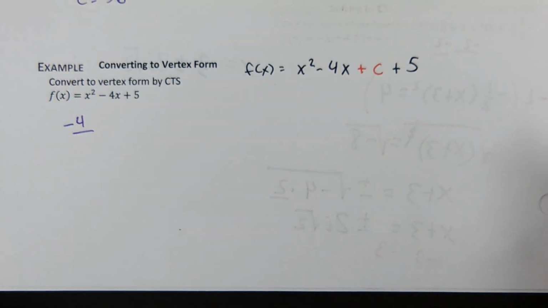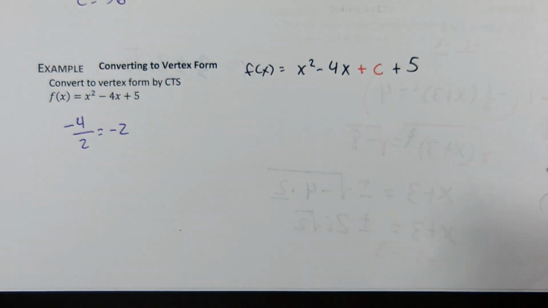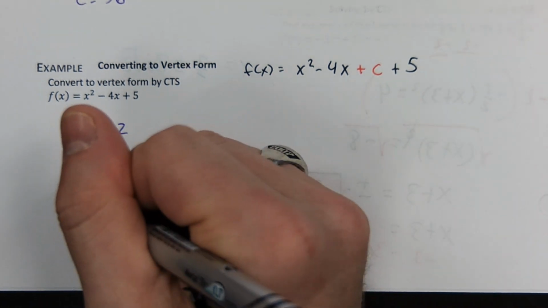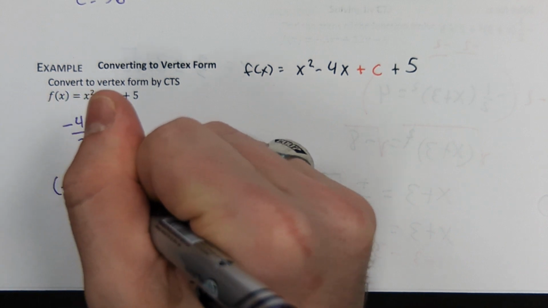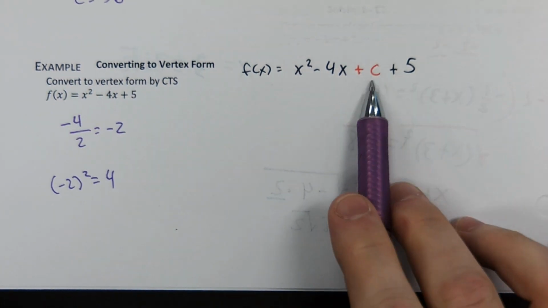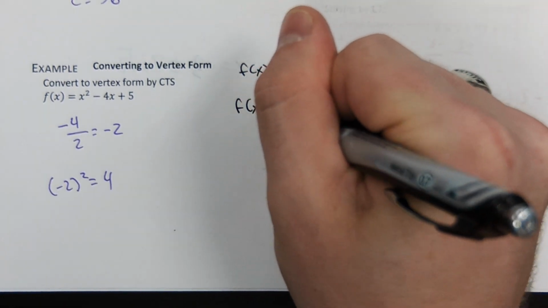And since we know it is 2ab, and we already know a is x, so we know this is 2b, we'll cut it in half to get negative 2. Magic C value, which is b squared, is negative 2 quantity squared. So I'm going to put a plus 4 right there. And I'll write it in red so that way we can see that it's new.